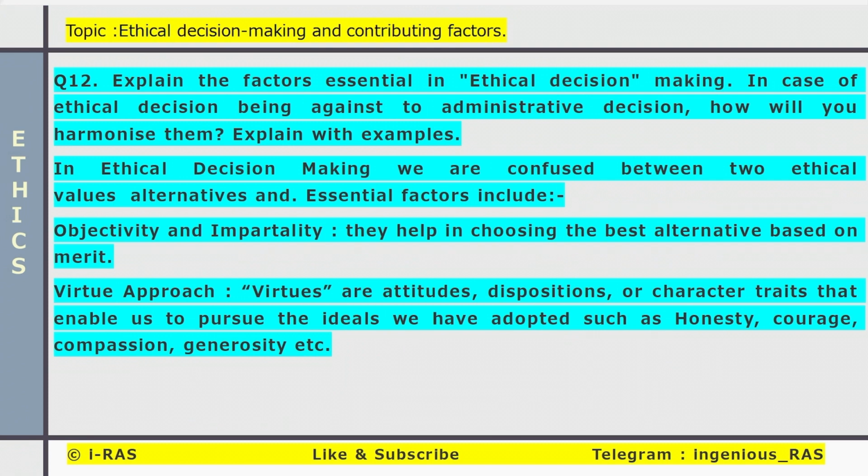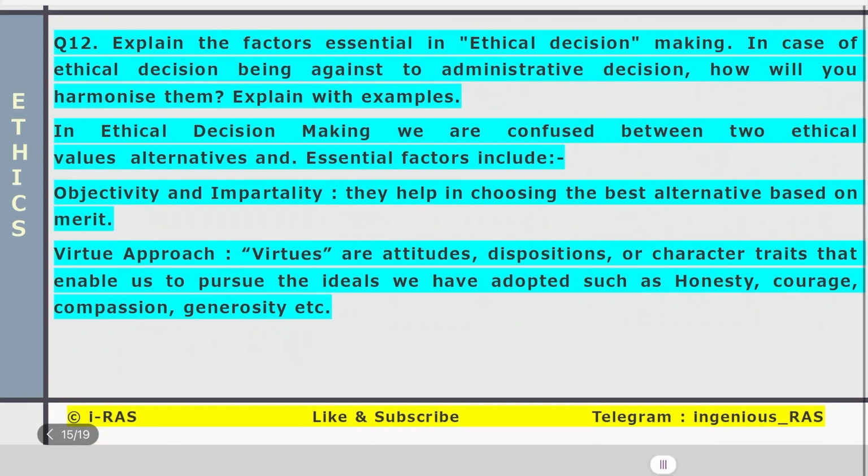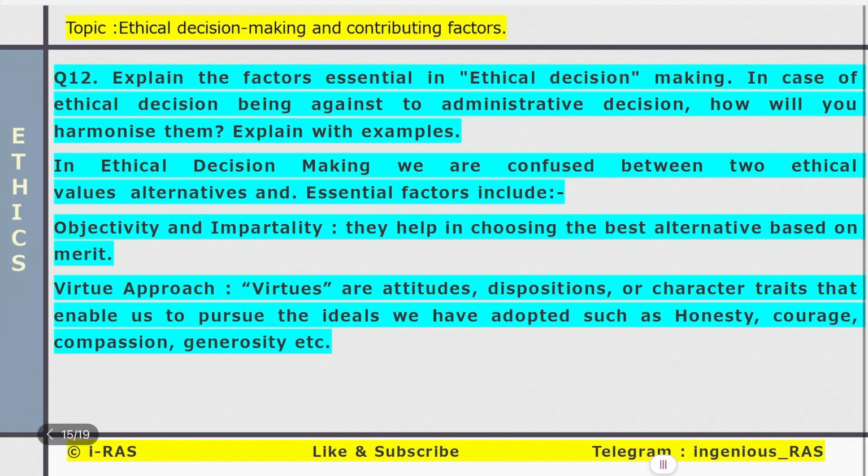First of all, we define ethical decision. What does ethical decision mean? Basically, ethical decision and ethical dilemma are of similar nature. In ethical decision making, we are confused between two alternative ethical values.